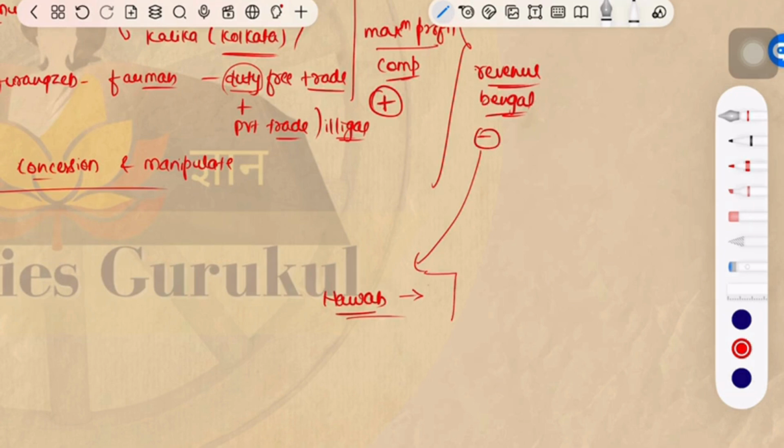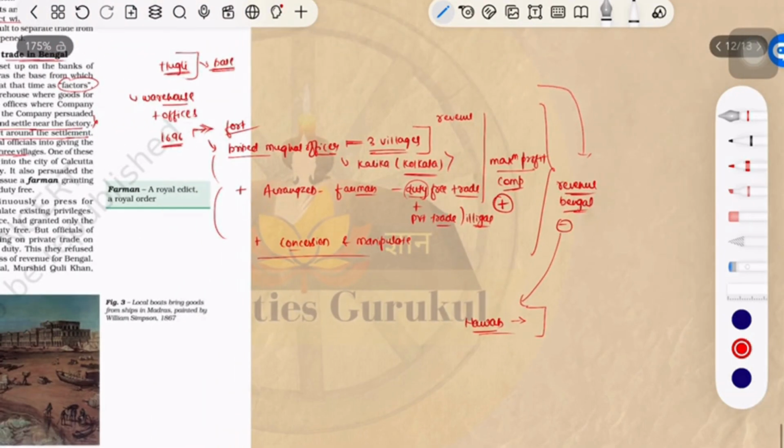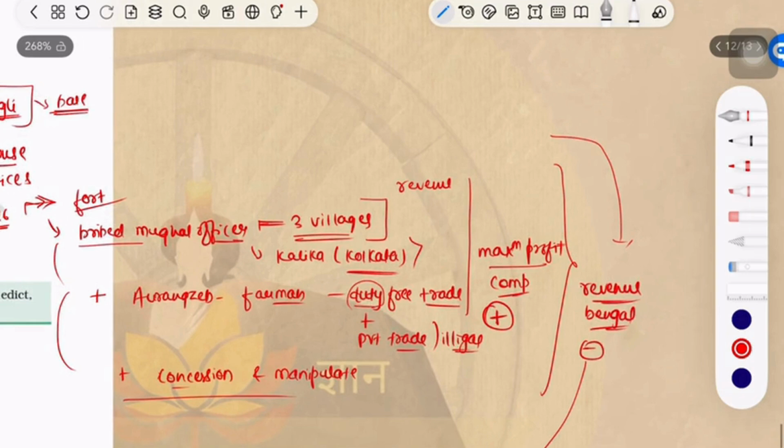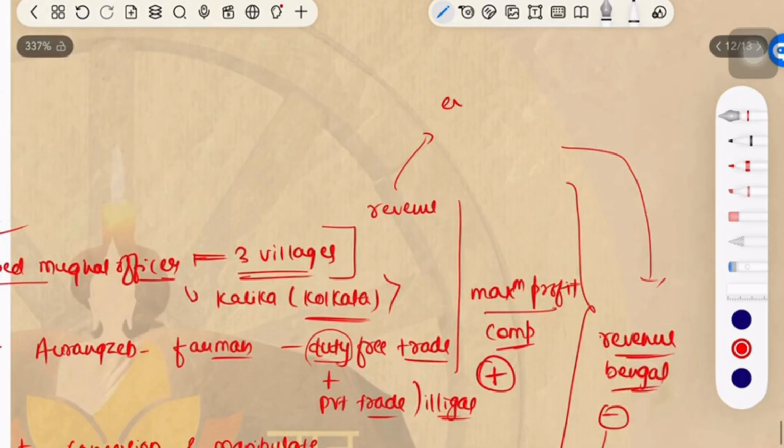About the reaction of the Nawab, we shall take up in the next lectures. But you have to think about one thing, why we started with Bengal only. Because Bengal was a very important position of British India, and it gave them good revenue, and revenue from Bengal helped them to expand their British rule.